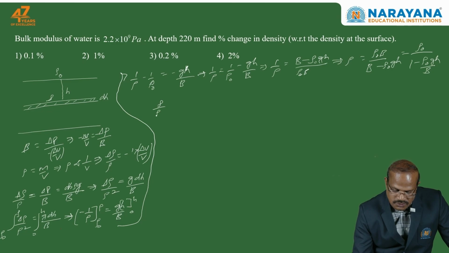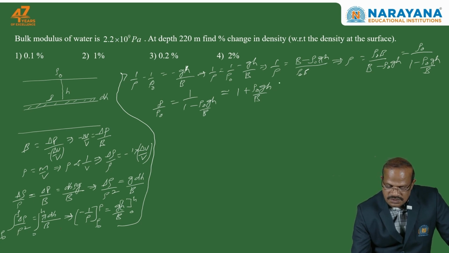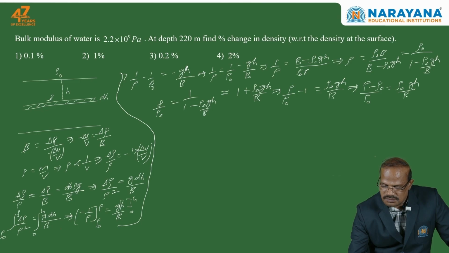So rho by rho naught equals 1 by 1 minus rho naught gH by B. As this quantity is very small compared to 1, this becomes nearly 1 plus rho naught gH by B. So rho by rho naught minus 1 equals rho naught gH by B. That implies rho minus rho naught by rho naught equals rho naught gH by B.